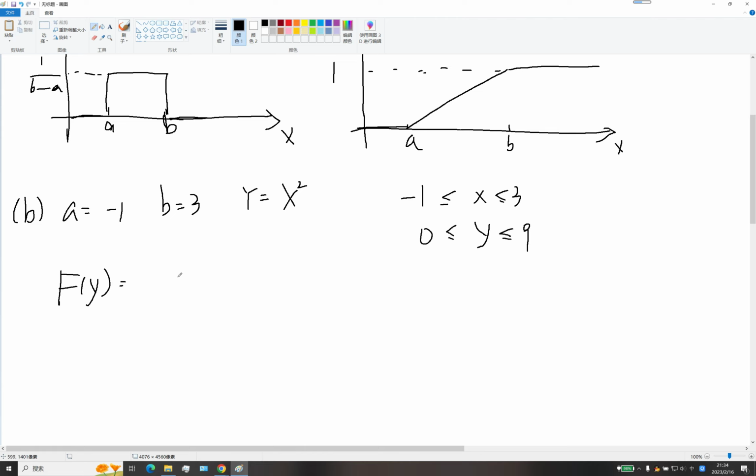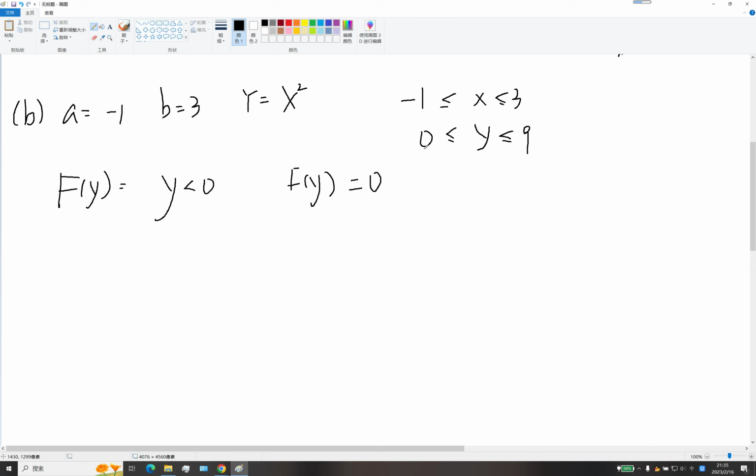When y is less than 0, F_Y is 0 because y is only between 0 and 9.